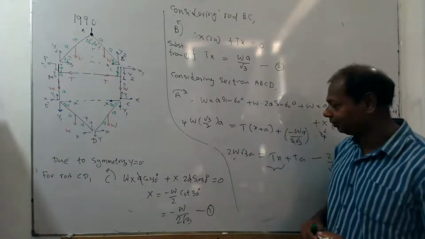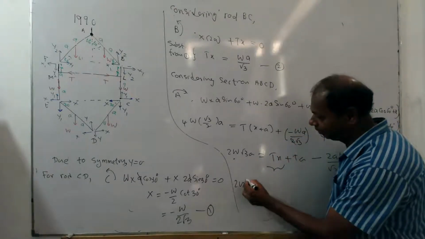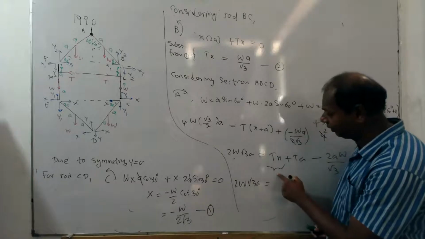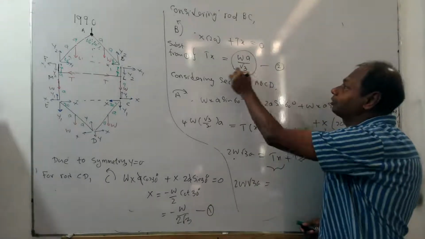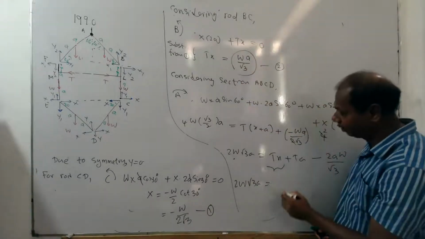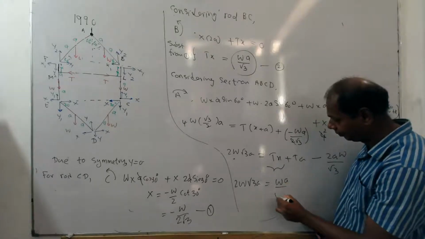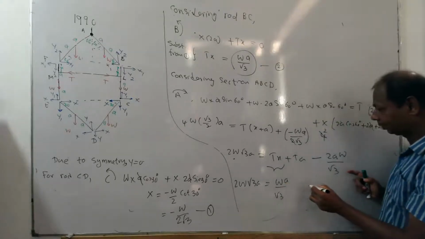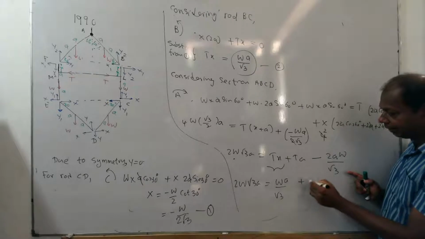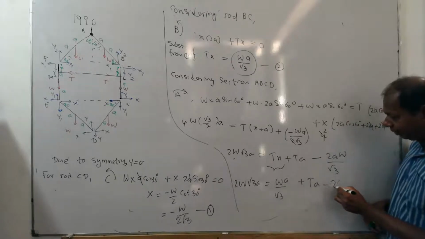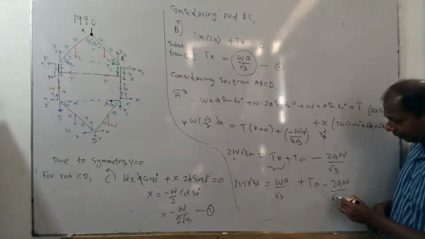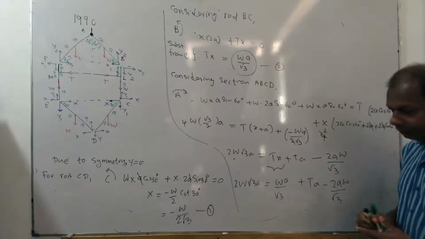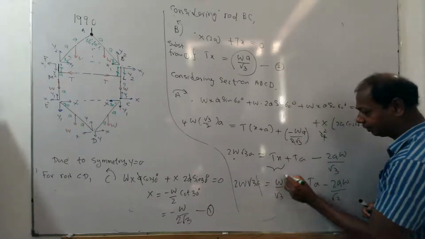Okay, finished it. So 2W root 3 A for TX, you can substitute this W over root 3, plus TA minus 2AW over root 3, and A gets cancelled.